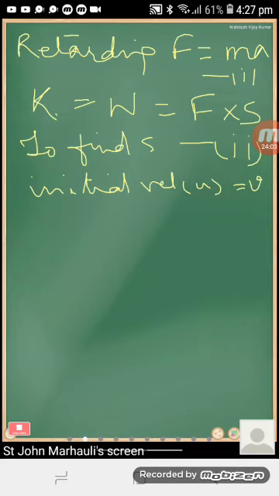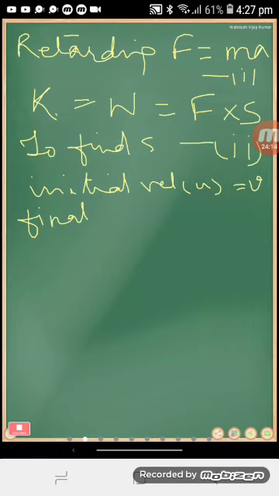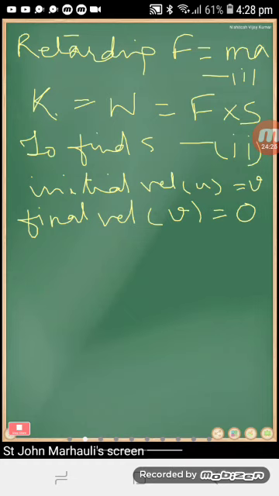We use v because in your book also the reference is taken as v. Final velocity, I hope all of you know how much it will be. Refer to the diagram. Final velocity was 0 because the body was coming to rest. Similarly, retardation we already know.